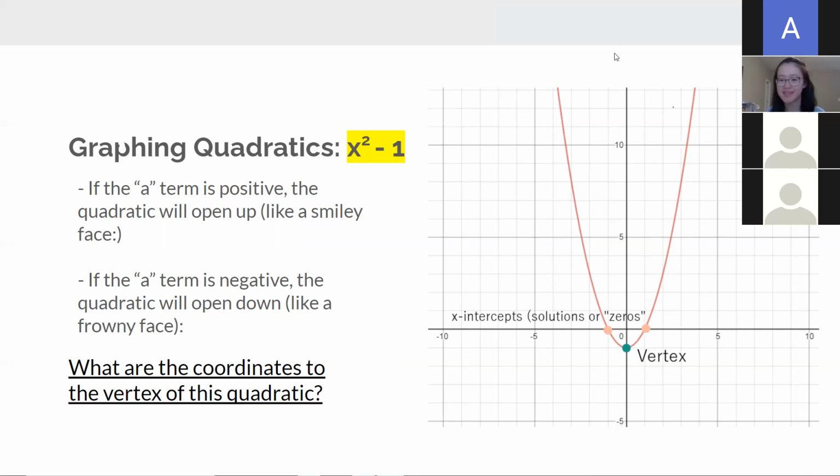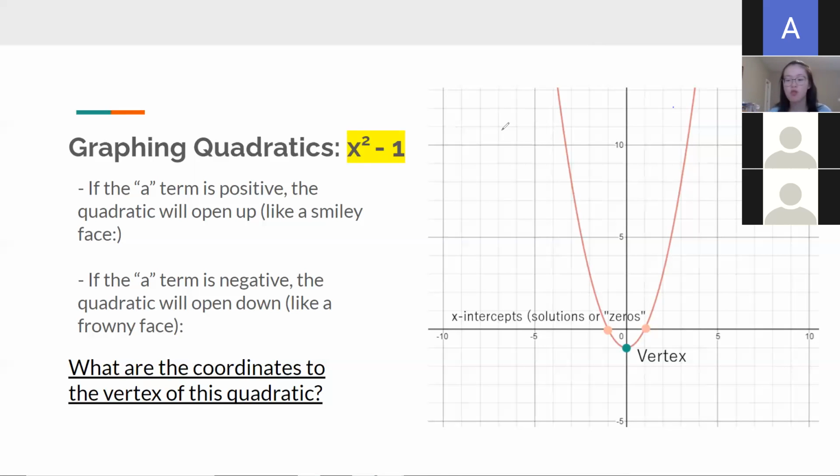Does anybody have any idea what it is? Anybody? Yeah. So the vertex is 0, -1. Since the quadratic is opening up, the vertex will have to be your minimum. So here our vertex is 0, -1.